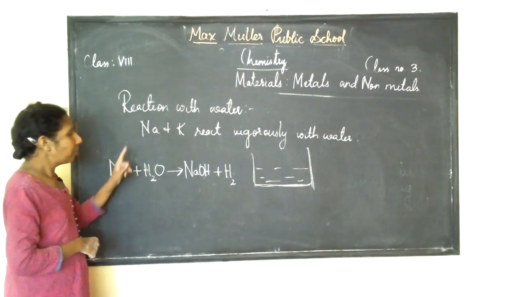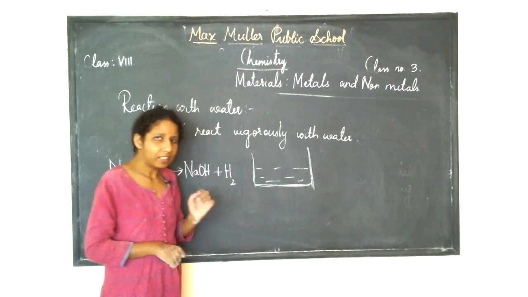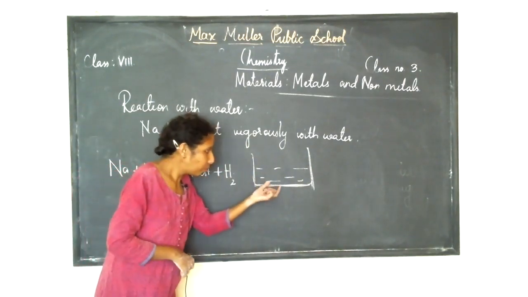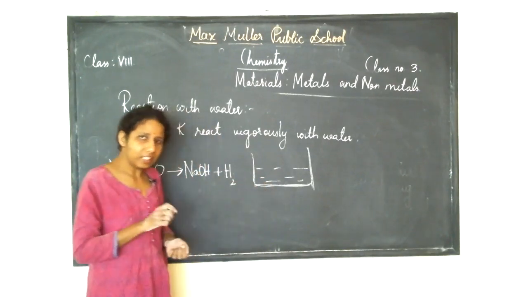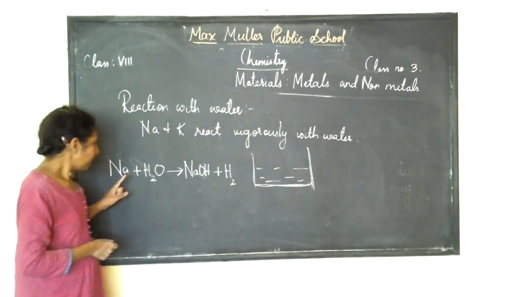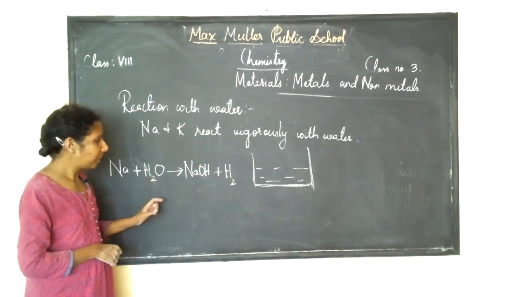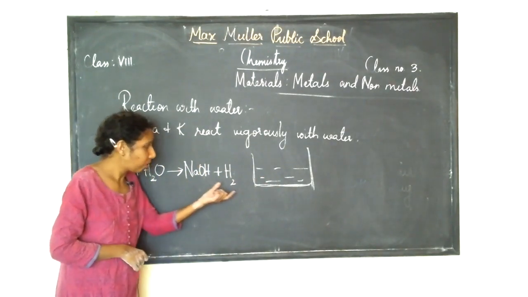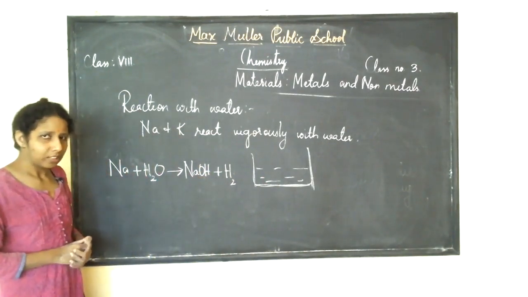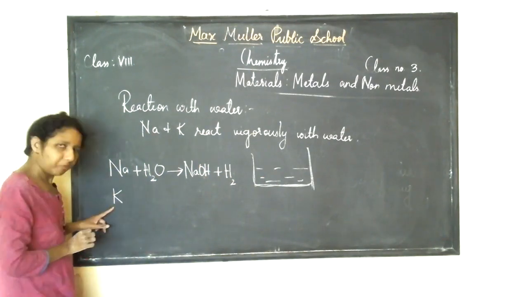Okay, once again I'll repeat. When you add very small grain size sodium into water in a trough, this sodium becomes smaller and smaller in size and reacts with water vigorously to form sodium hydroxide, releasing hydrogen gas. Understood? Same way with potassium.